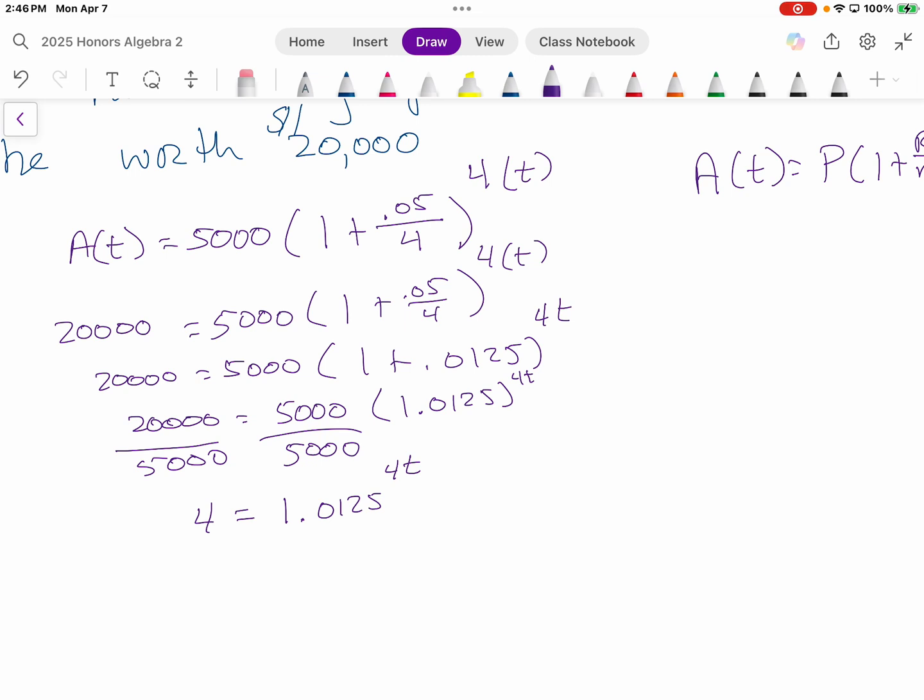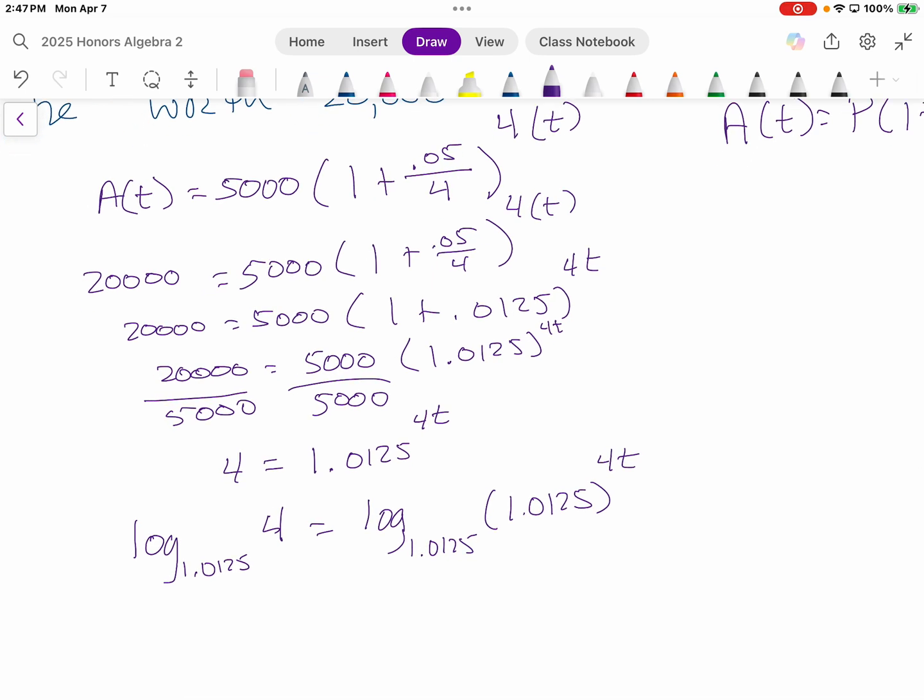We can do it just like we've done before with that log base. If you want to use log 10, you can use log 10. You don't have to. We can do the same thing. Log base 1.0125 of 4 equals the log base 1.0125 of 1.0125 to the 4t.